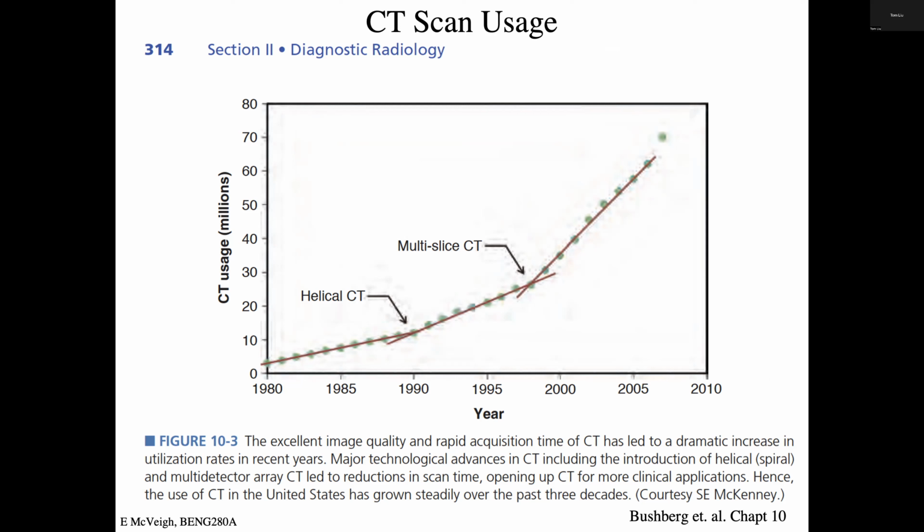If you had one in your ER and somebody came in, within 30 seconds you knew what was going on. You have this wide detector that zips through the patient really fast, and you see these great pictures. You can see that usage just went through the roof, and nowadays it's over 120 million scans a year, something like that.